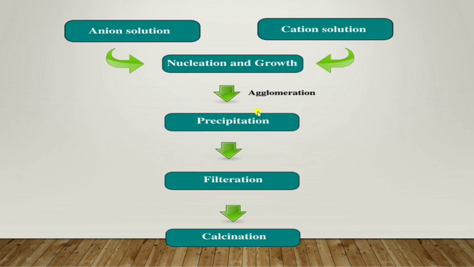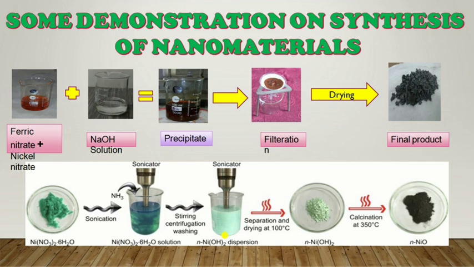When the precipitate settles down at the bottom, we filter the solution, and after calcination we get the final product. Here is a demonstration of the synthesis of nanoparticles. Here I have taken ferric nitrate and nickel nitrate solution, and in another beaker I have taken NaOH solution.